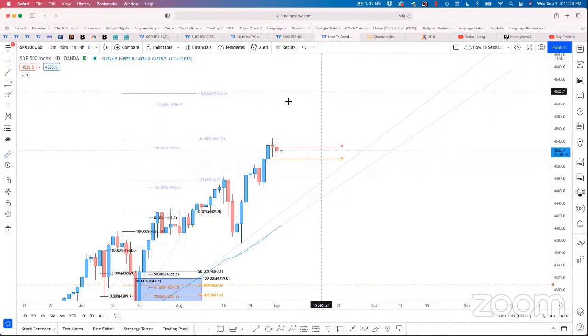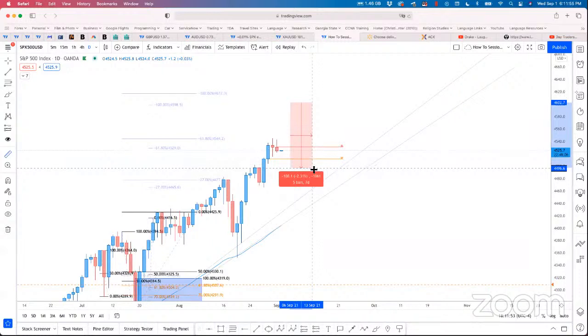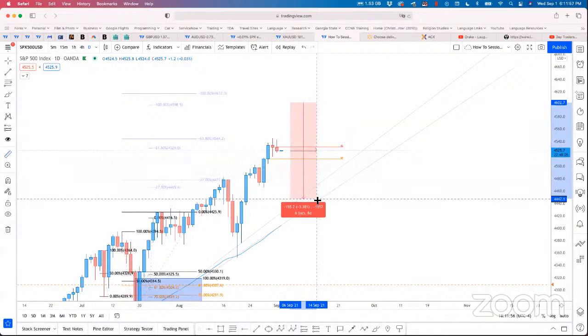And let's say we do get somewhere around 46 and 25. 3% is gonna get us around... yep, it should get us back at the 50.